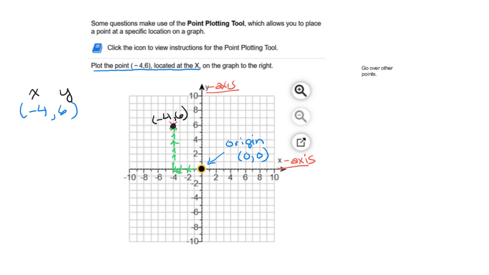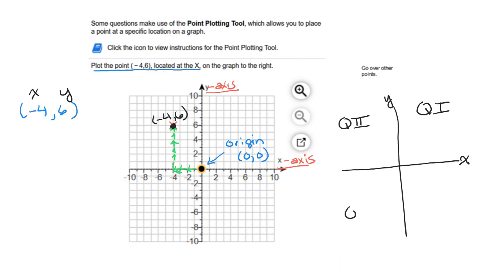All right, so when we take a look at what we call a rectangular coordinate system and divide this out, we have our x-axis and our y-axis. We have 2 and 3 and 4 quadrants on here. So let's take a look at that. That's quadrant number 1, quadrant number 2, quadrant number 3, and quadrant number 4.